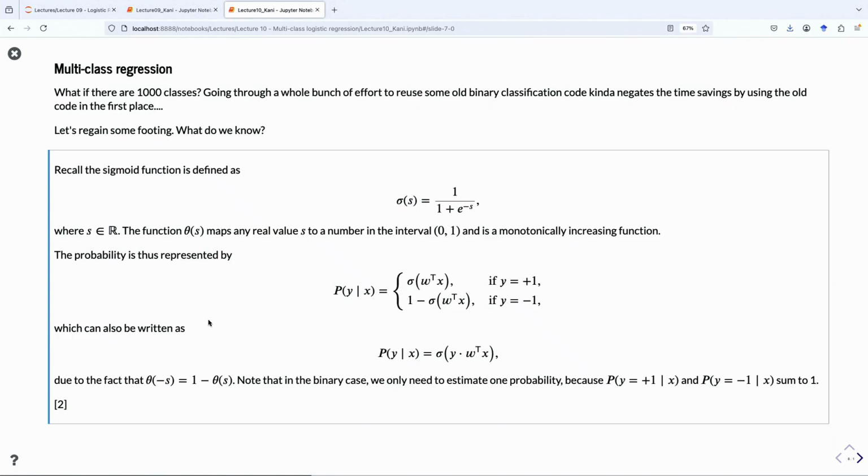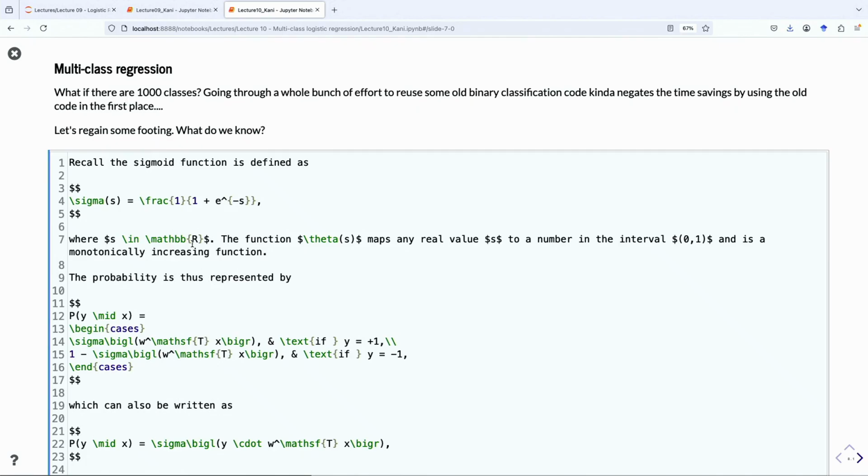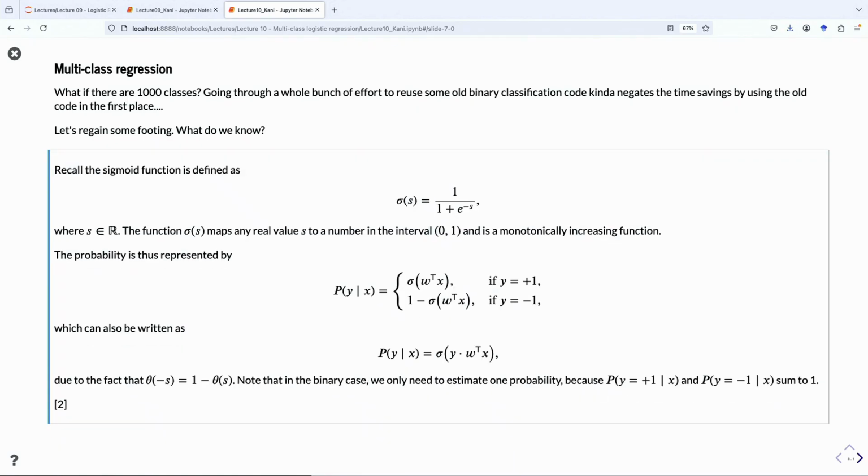So we know the sigma function is defined as 1 over 1 plus e to the negative s, where s is just some real number. The function sigma of s maps any real value s to the interval 0, 1 and is monotonically increasing. So the probability gets represented by this, as we saw before. And then we can also write this as sigma of y times w transpose x.